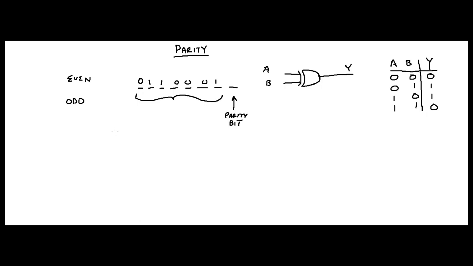Now, here's the thing that I want to make sure that you get. If you count the number of ones, in this case we have 1, 2, 3 ones. There's 3 ones in that number. And suppose you had an agreement between the transmitter and the receiver that you're going to use even parity.